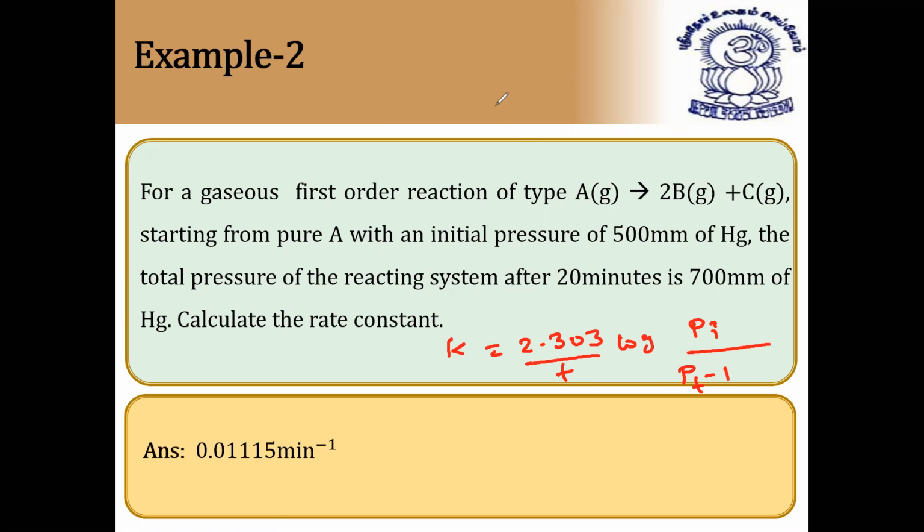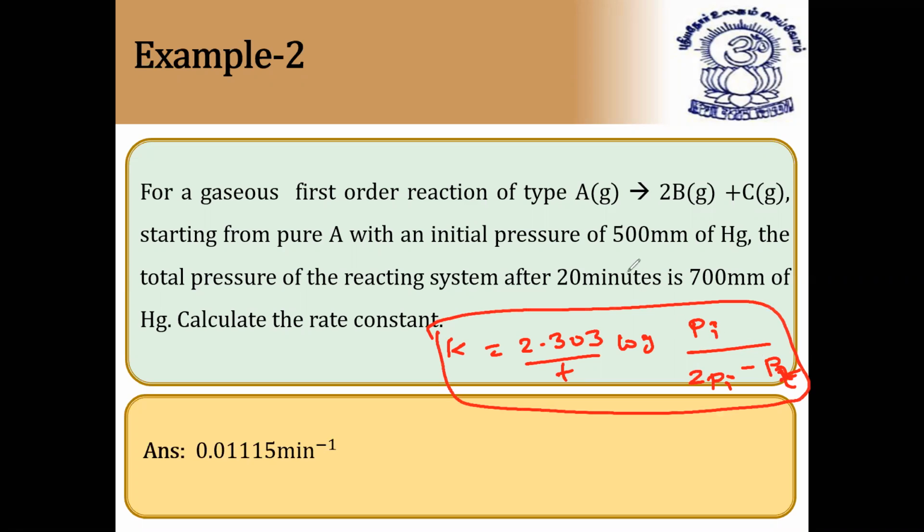So this is the formula for finding K, where Pi is called initial pressure, 500 mm, and Pt is called total pressure, 700 mm.